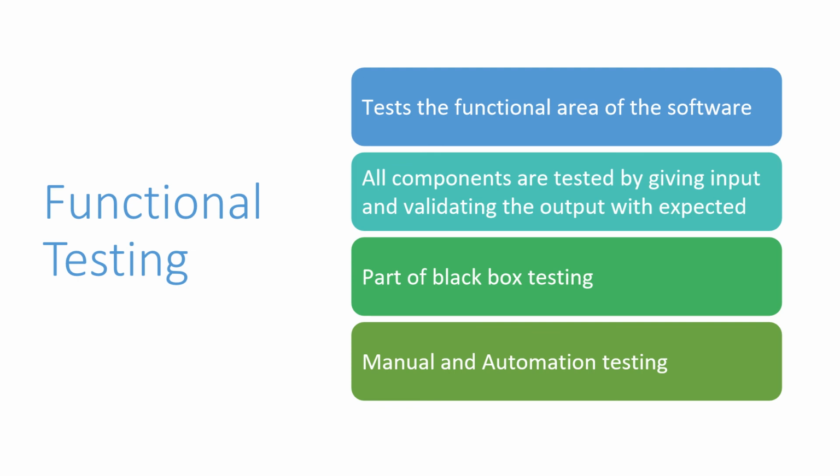So testing those functional areas is called functional testing. Functional testing tests the functional area of the software. All components are tested by giving input and validating the output with the expected. How will we test the functional areas?